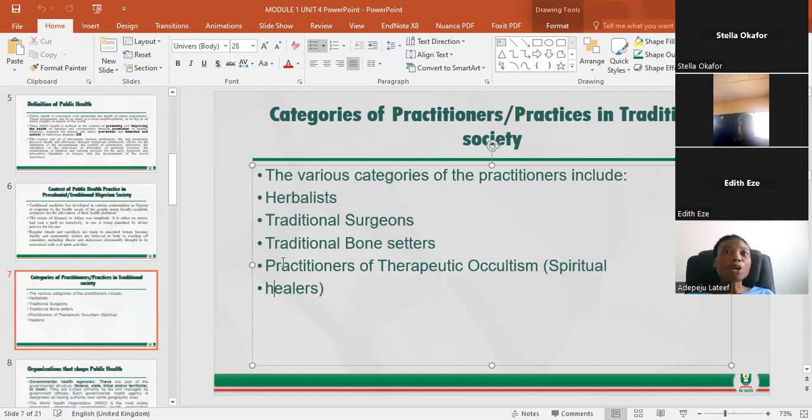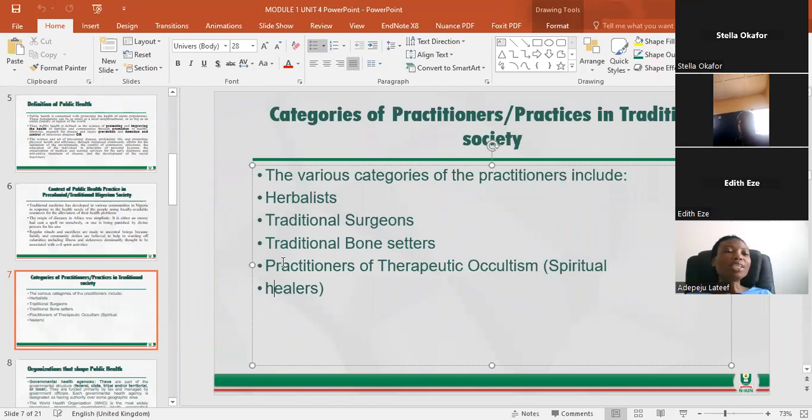So it may involve a consultation with ancestral spirits or even the community deities or a water spirit, whereby in that community they have a priest that they will have to meet, who is the person that will now do this consultation.